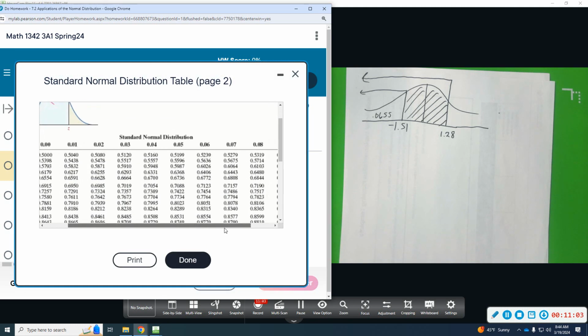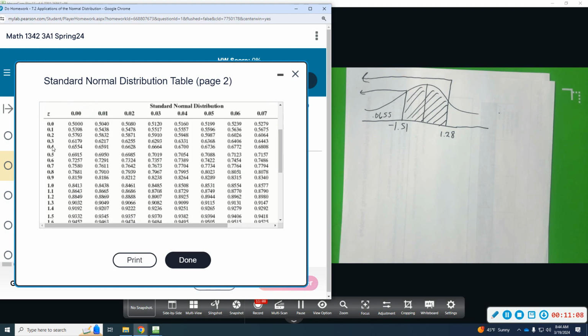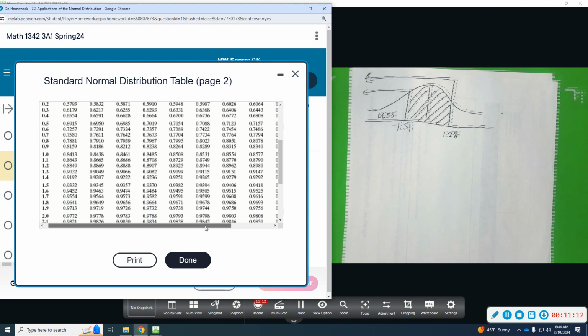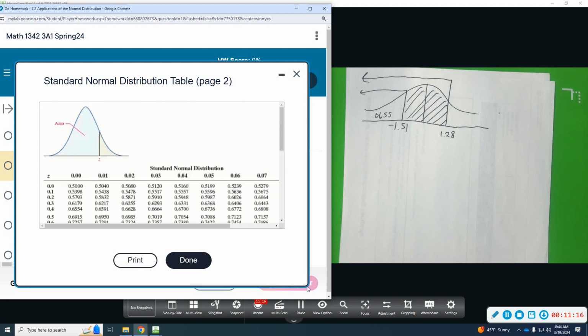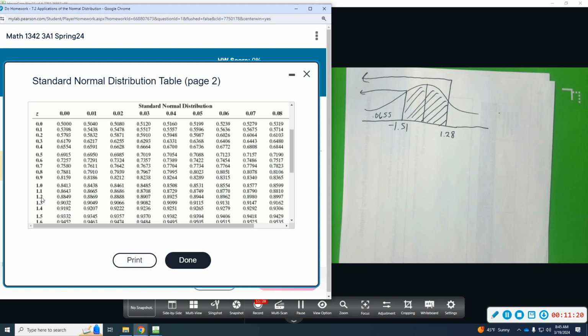So 1.28 is going to be all the way next to the last row. So we're going to go down 1.2, and then I got to scroll over. Can I make this a little bit bigger? There we go. I need to make sure I'm on the right row. 1.28. So it's going to give us 0.8997.